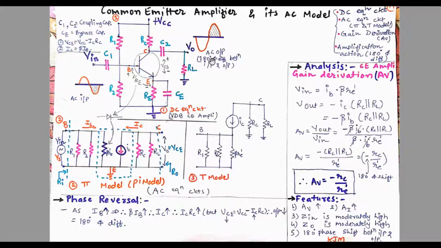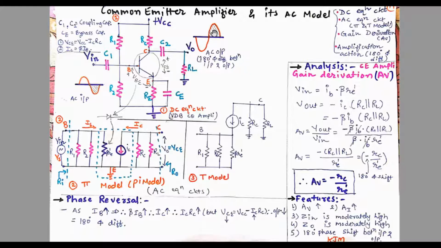There is a 180-degree phase shift between input and output, which I have written here. Why? Because no doubt the signal is amplified, but the positive cycle appears here as the negative cycle, and in place of the negative half cycle we observe a positive cycle.